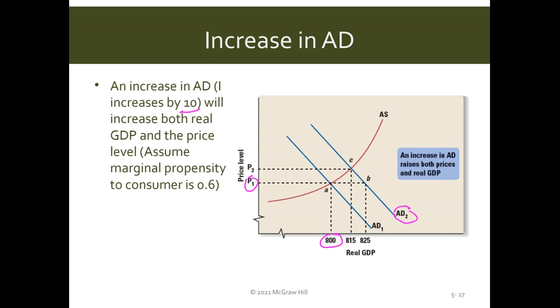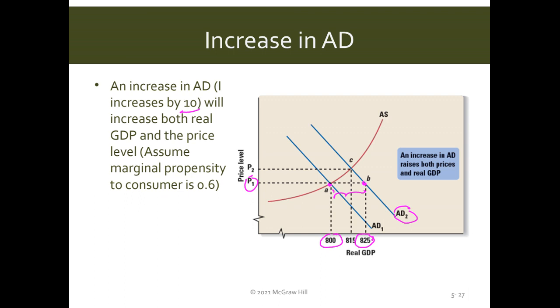And if you notice at P1, aggregate demand is here. Now the point on the aggregate demand curve, this distance is 825. So I told you that I increased investment by only 10 million, but the aggregate demand curve shifts to the right by 25 million.